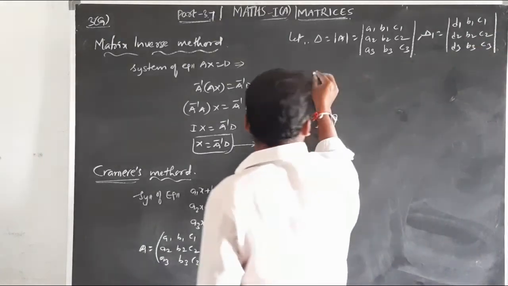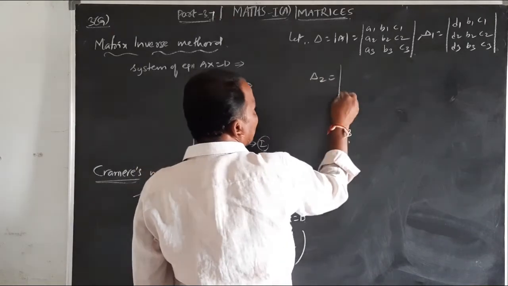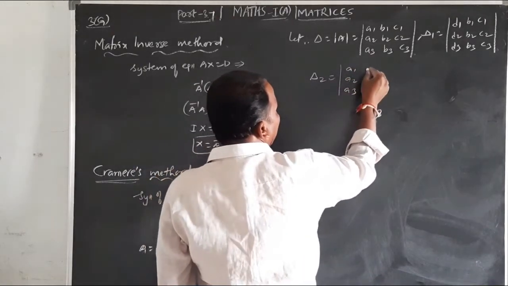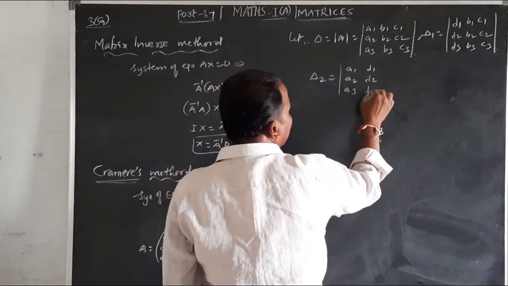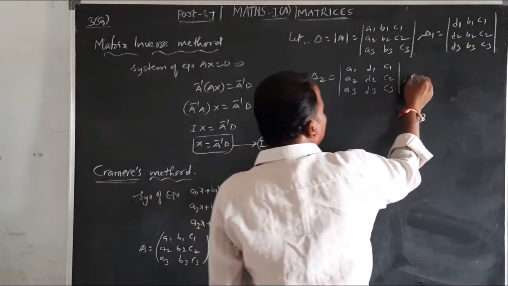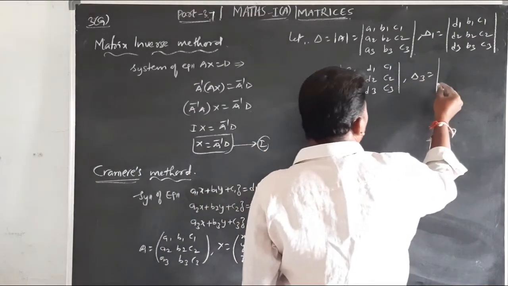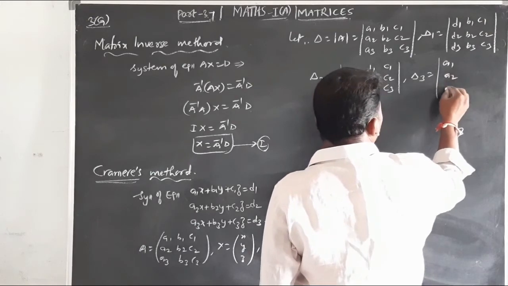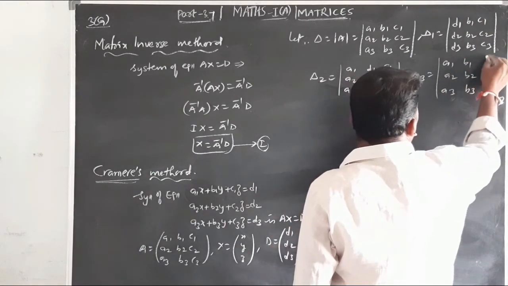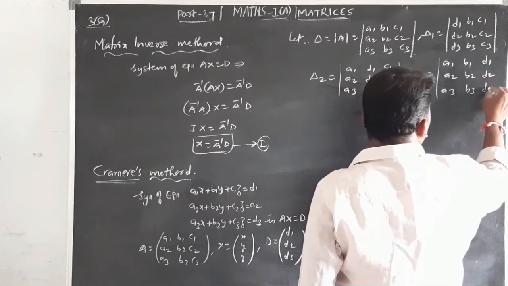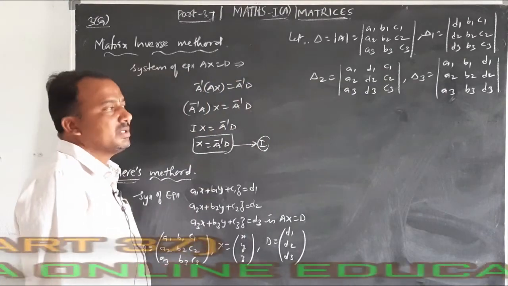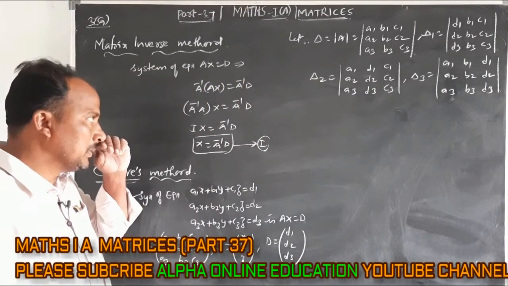Delta 2 replaces the second column: a1 a2 a3, d1 d2 d3, c1 c2 c3. Delta 3 replaces the third column: a1 a2 a3, b1 b2 b3, d1 d2 d3.